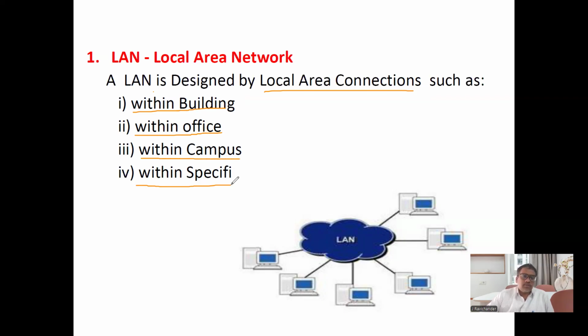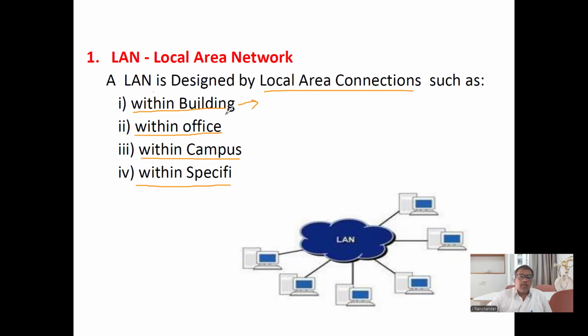For example, in a hospital or college, there are different buildings and rooms. To connect the devices within the building, we use a small connection where the number of devices is less. That connection is known as a local area network, or simply LAN.